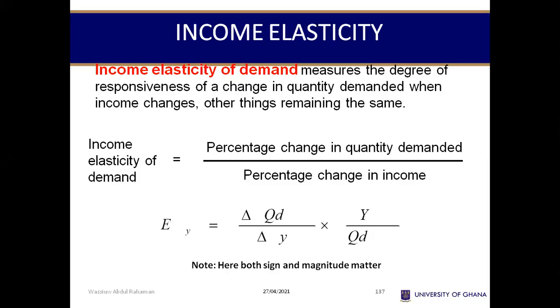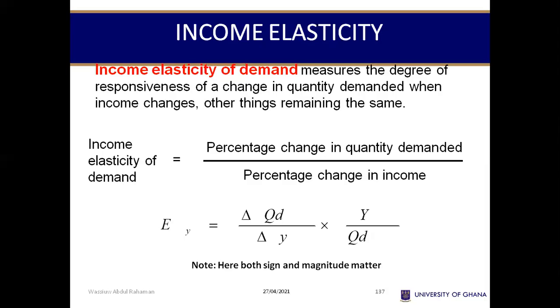It's only price elasticity of demand which is always negative. For cross price elasticity of demand, it can be positive or negative, and that helps us to tell the relationship. In the case of income, it could also be positive or negative, and that helps us to tell the type of commodity we are dealing with, whether the commodity is a normal good or an inferior good.